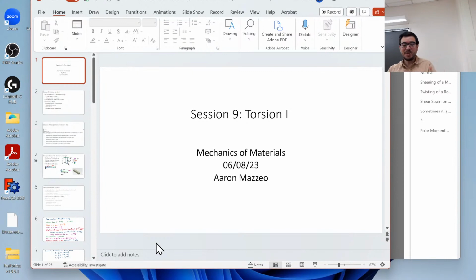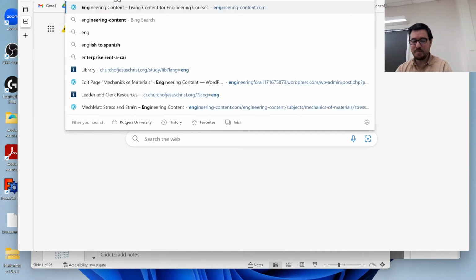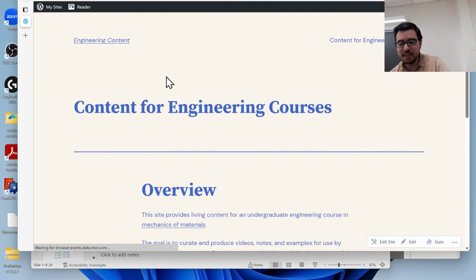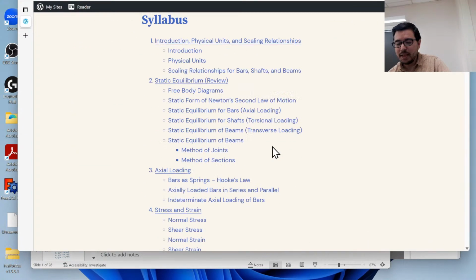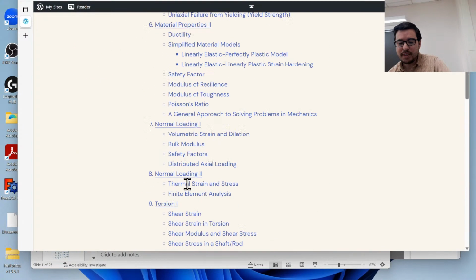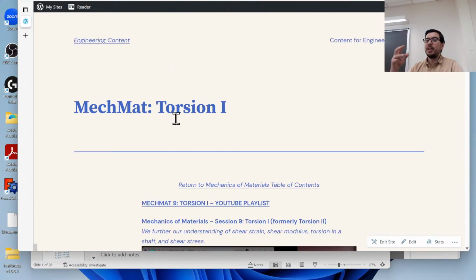Right. Okay. So, welcome to session number 9 on torsion. What you'll find on the website is maybe almost too many links, but I'll try to explain where I think it might be useful to look, if that's okay. In this combined session, we're looking at 9 and 10.